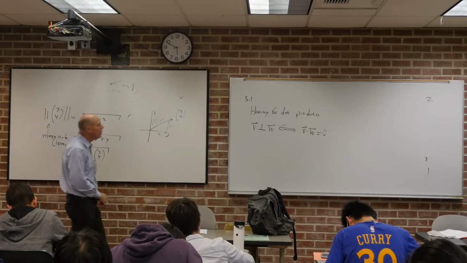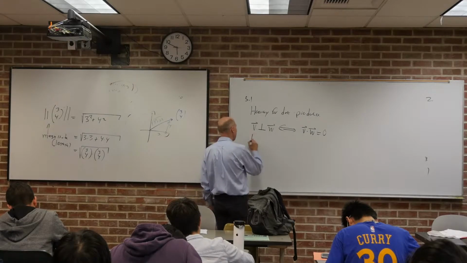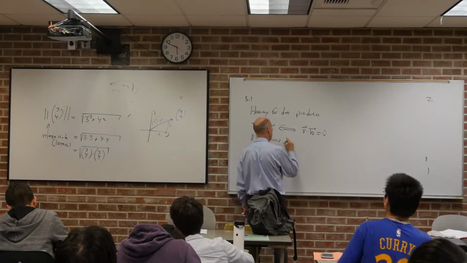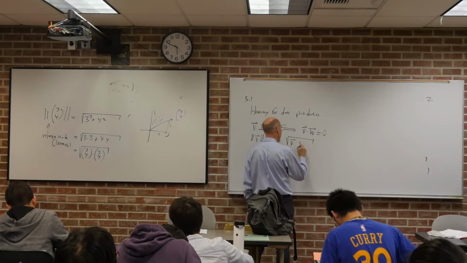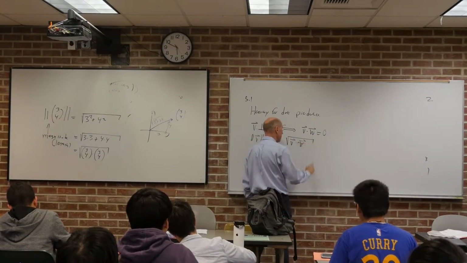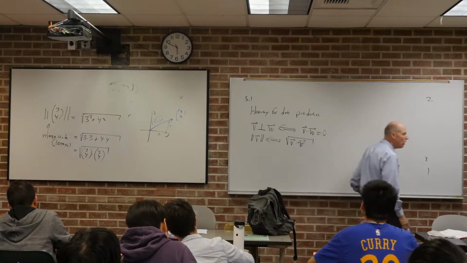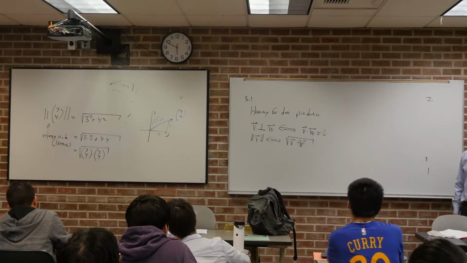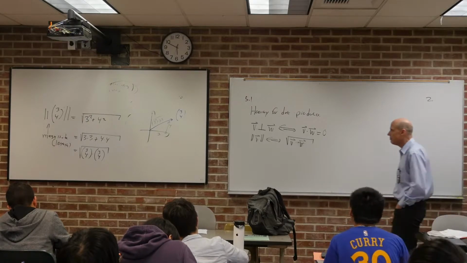So I can also use a dot product to find magnitude, because the magnitude of a vector is the square root of the dot product of v with itself.